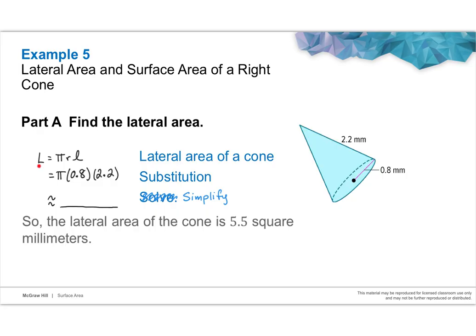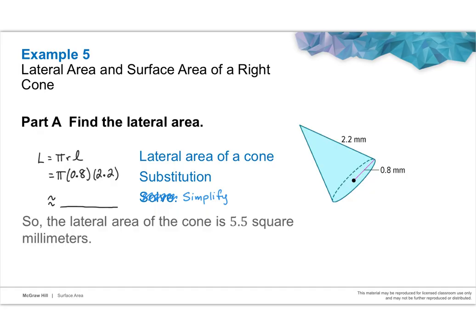We have our lateral area of a cone formula. Lateral area equals pi RL. And we just need to identify what is the radius and what is the slant height on this diagram. And both of those are labeled for you. So our radius is 0.8. And our slant height, which will always be measured on the exterior of that shape, is going to be 2.2.